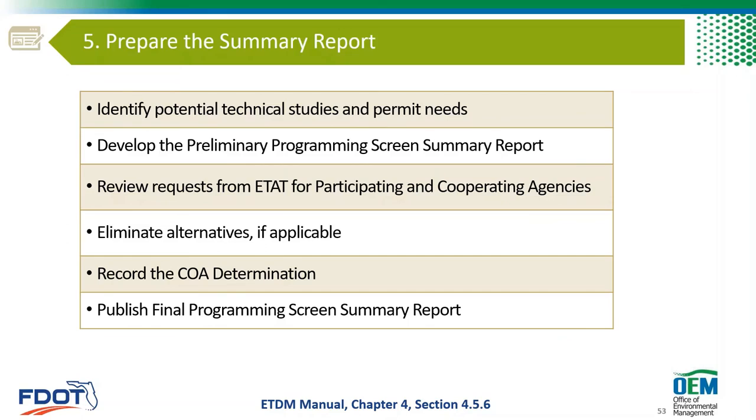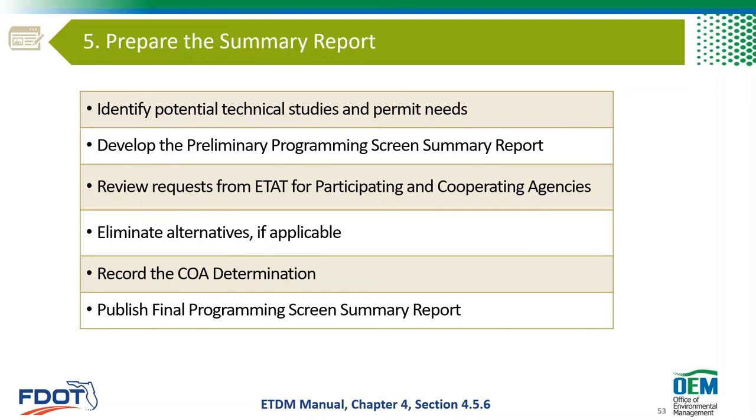You'll have an opportunity to eliminate alternatives if that's applicable. And then you record the class of action determination. In the case of a SEER, that's approved at the turnpike level. If it was a federal class of action, it would go up to OEM for review and approval.